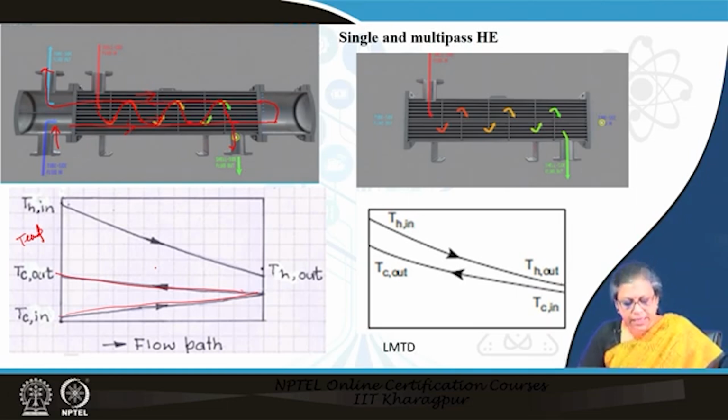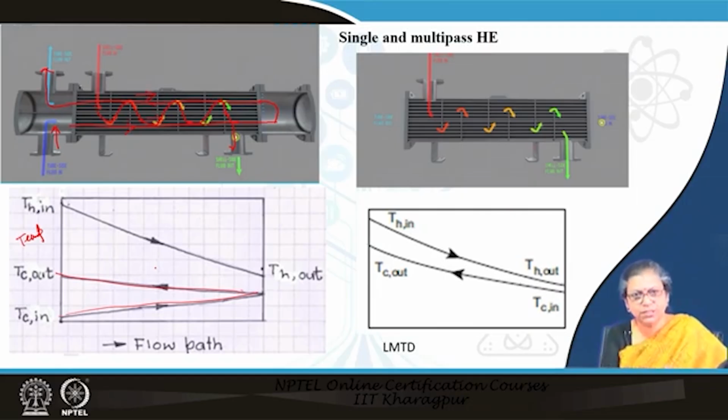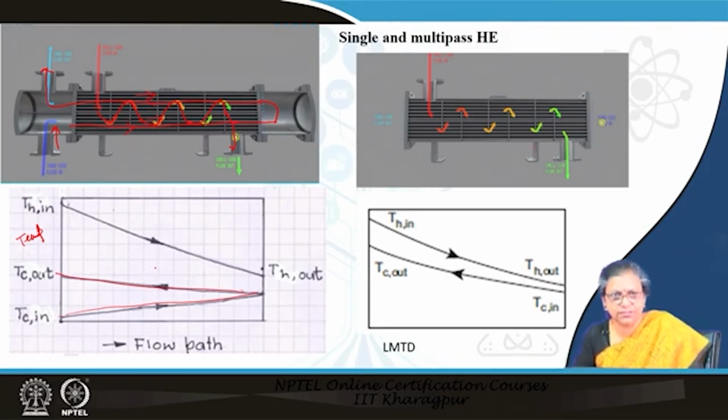So, just to make matters simple, let us assume that with the same temperature boundaries and the same heat capacity parameters, we design a counter flow heat exchanger. Then we can find out the LMTD, but the LMTD cannot be put for this particular 1-2 shell and tube heat exchanger.